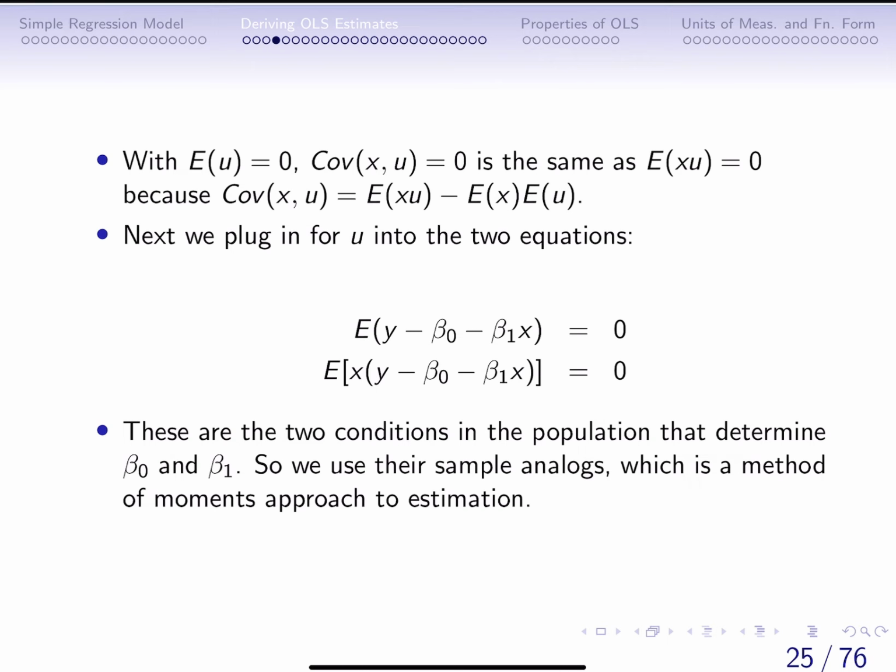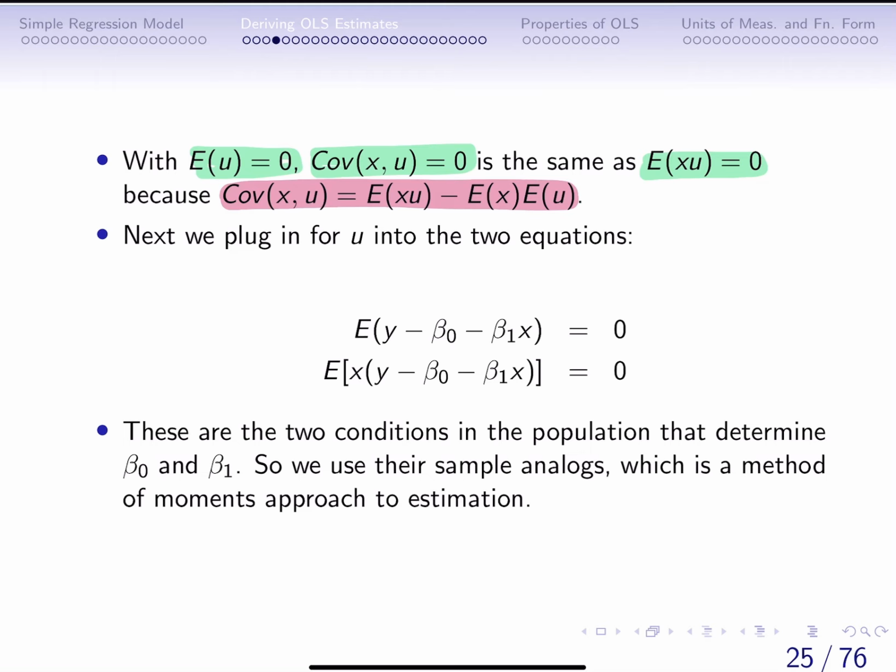Given those assumptions, the expected value of u is equal to 0, and if the correlation between x and u is 0, then the covariance is 0. That's the same as saying that the expected value of xu is equal to 0. Recall from your statistics courses that the covariance between any two variables is given by this formula, using the expectations operator.